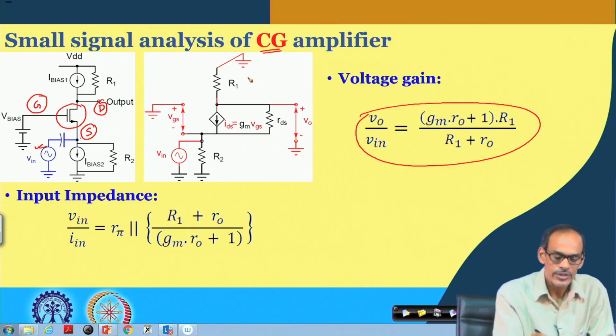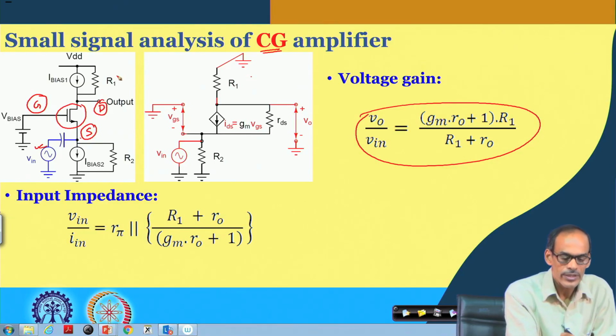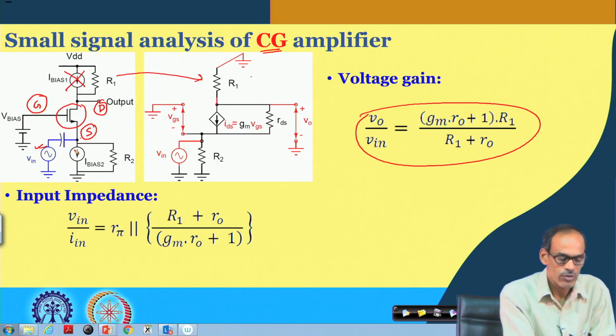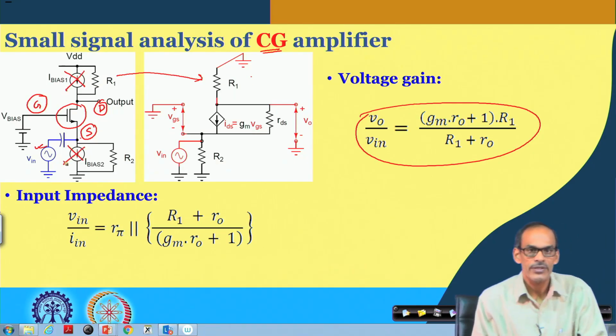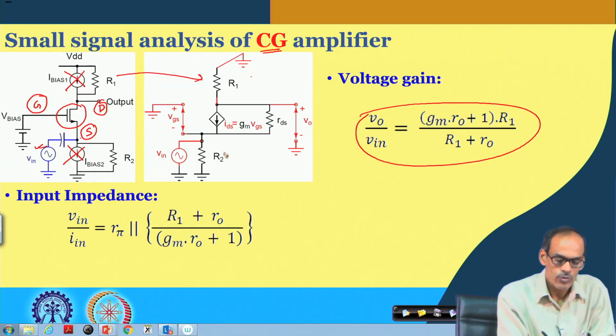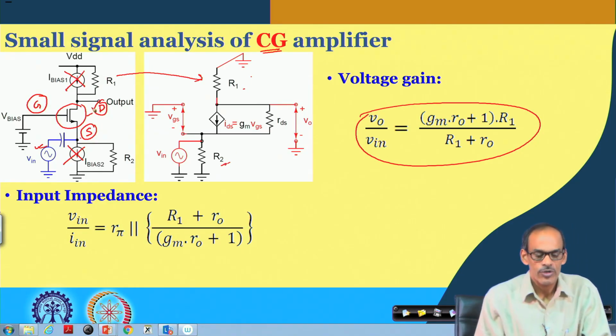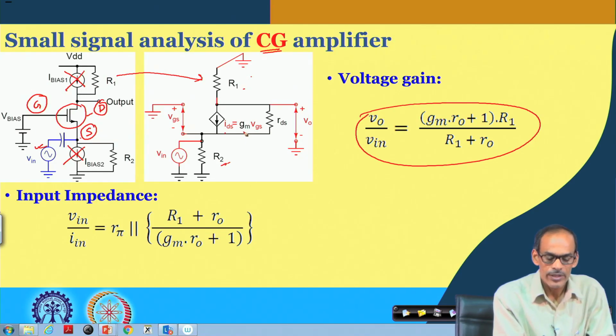Here we have the small signal equivalent circuit. Again the same thing, this bias circuit we have dropped in the small signal equivalent circuit. Similarly, the DC bias current is dropped. We are just keeping only R 2 and R 1 here. The small signal equivalent circuit of the MOS transistor is given by Gm into Vgs, that is the drain to source signal current, and then we also have Rds here.